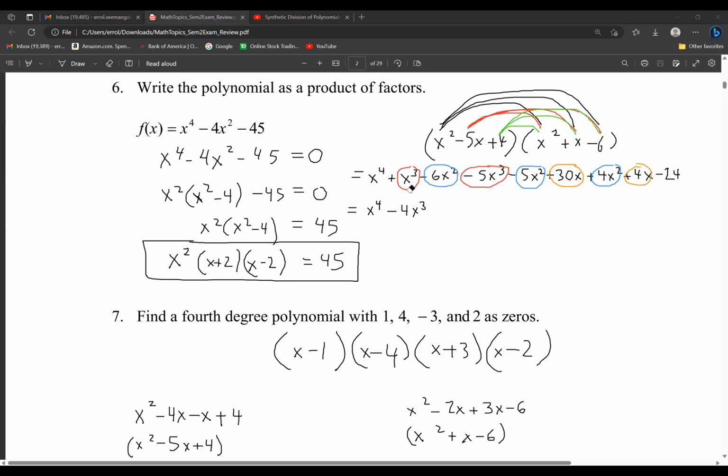Now give me the x squares. This one, and this one. How much? Minus 6x^2 minus 5x^2 plus... oh, never mind. There's a 4x^2. How much?